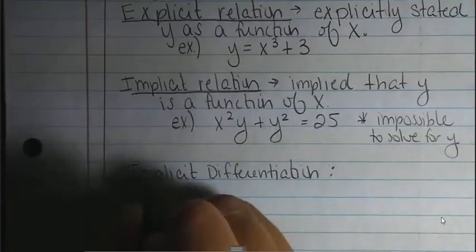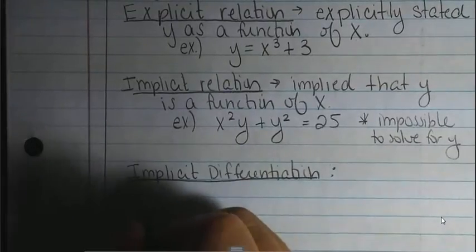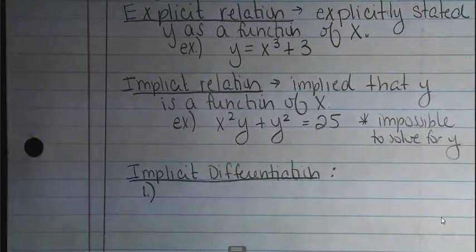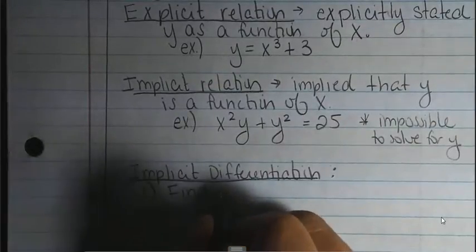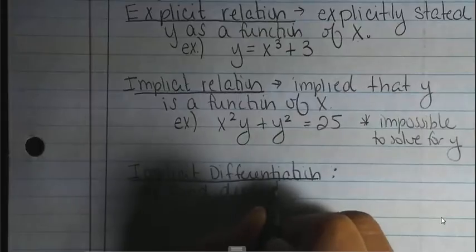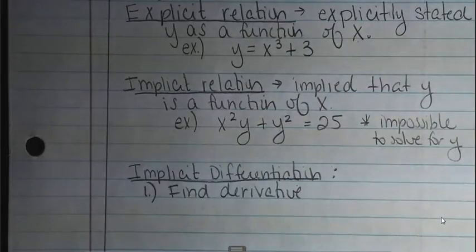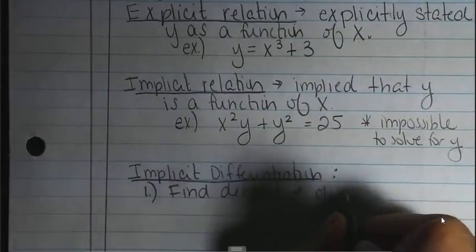So there's really just 3 steps when you work with implicit differentiation, okay? The first step is to find the derivative of both sides of the equation.